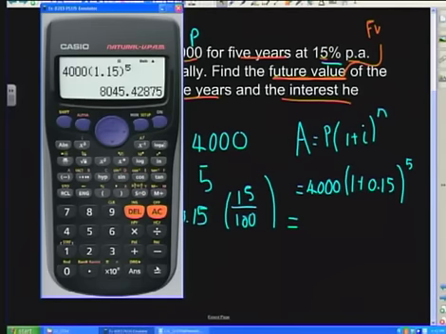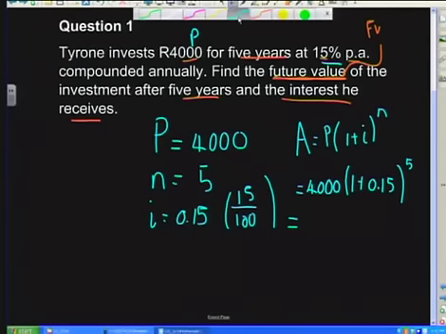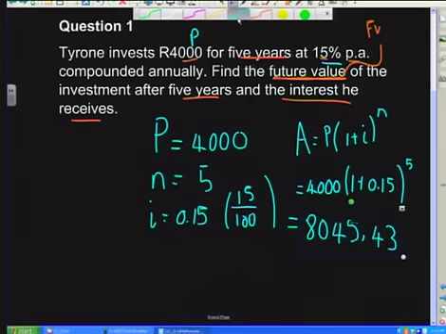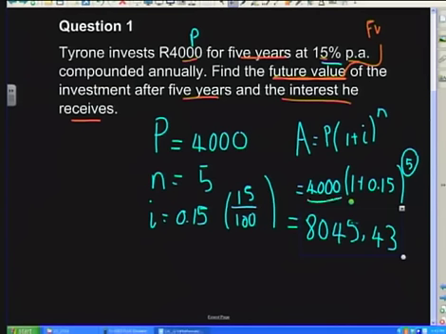So that is the value of the investment after 5 years of compound interest. 5 years of compound interest working on that value of 4,000 Rand, and you get an amount of 8,045 Rand and 43 cents.